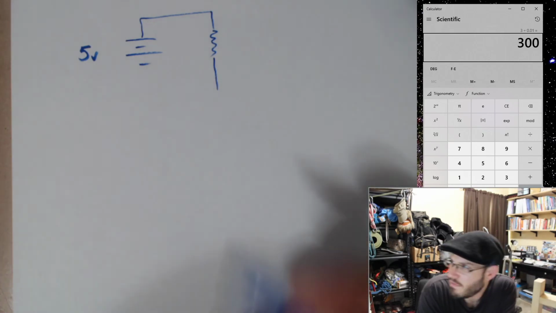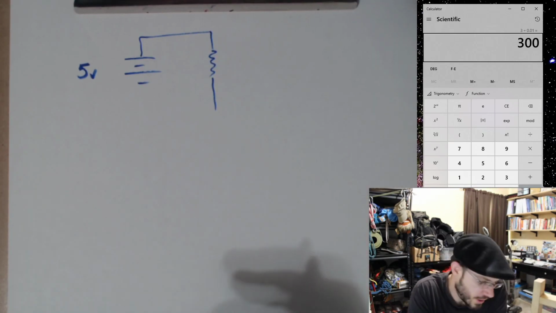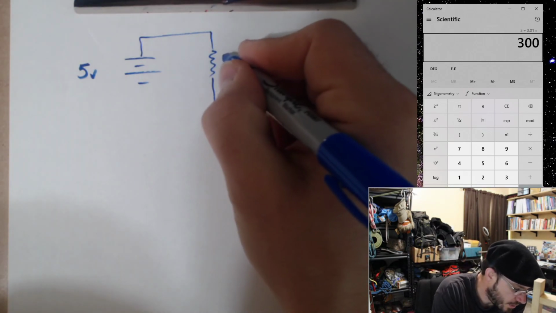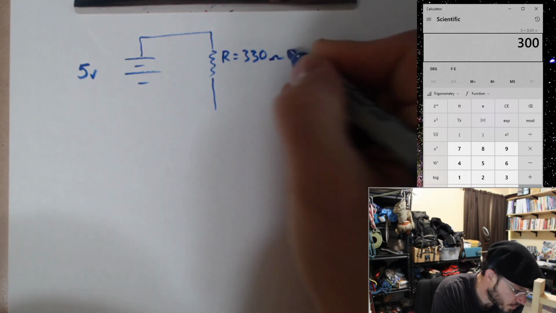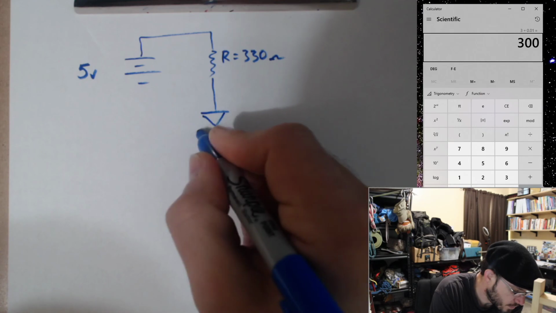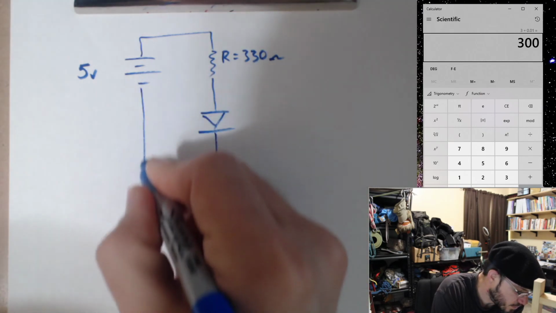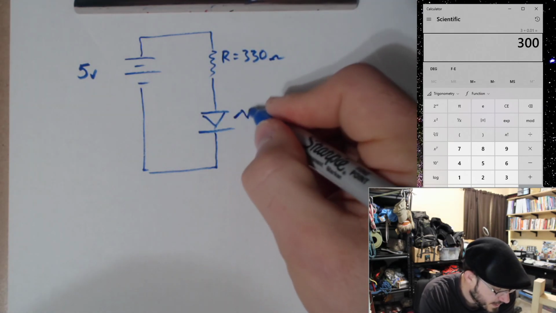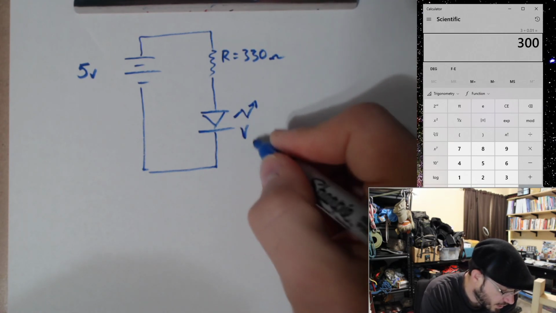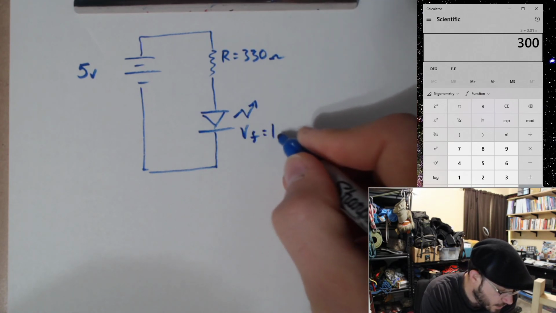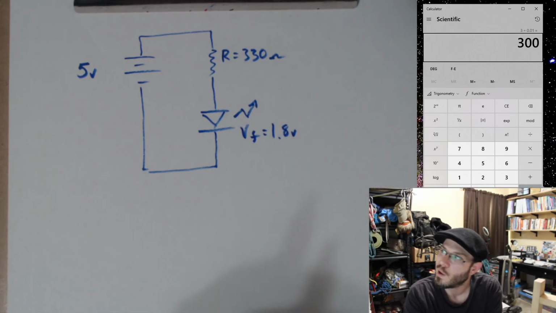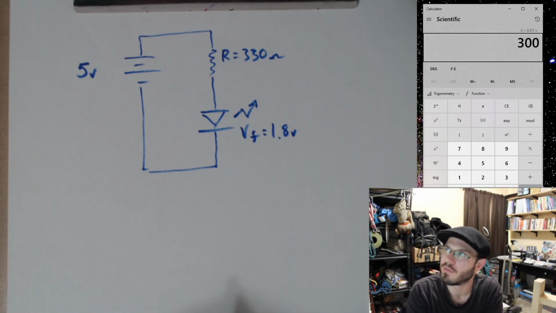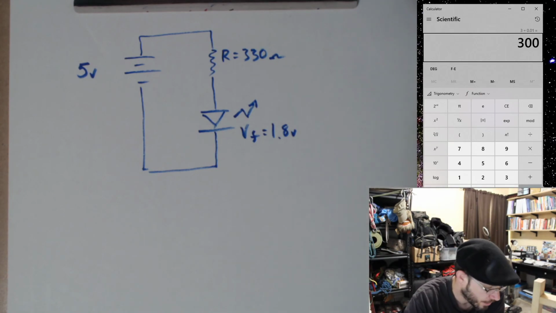My resistor, a value close to 300, is 330 ohms. My general purpose LEDs generally have a V sub F equal to 1.8 volts, and we did see that when we were slowly cranking up the voltage in an earlier demo.